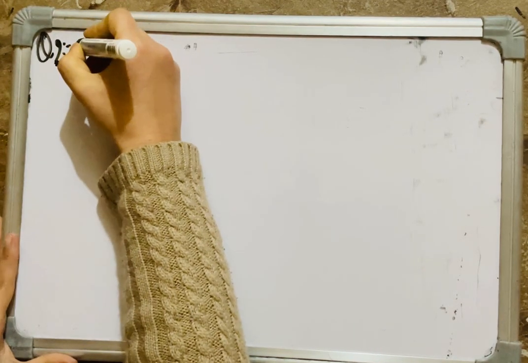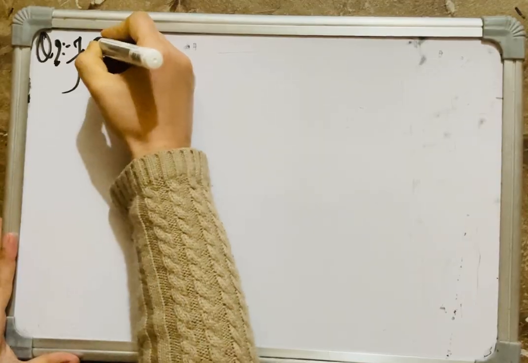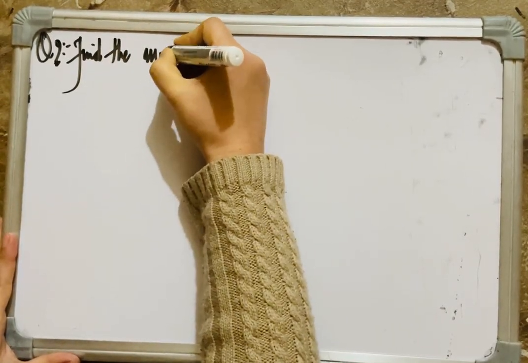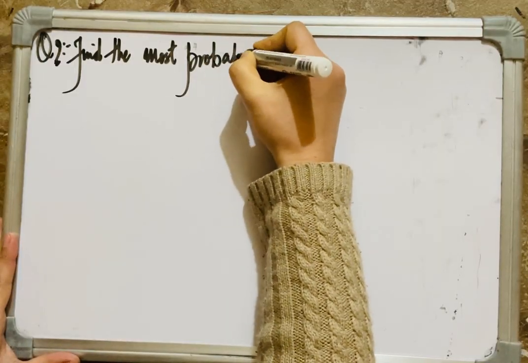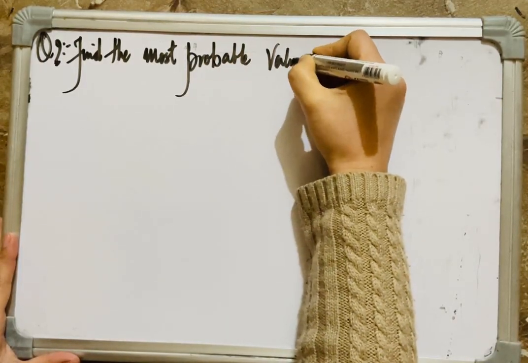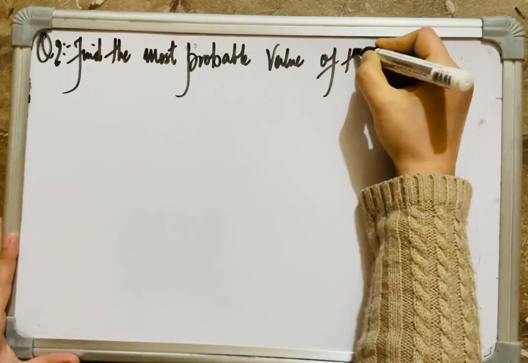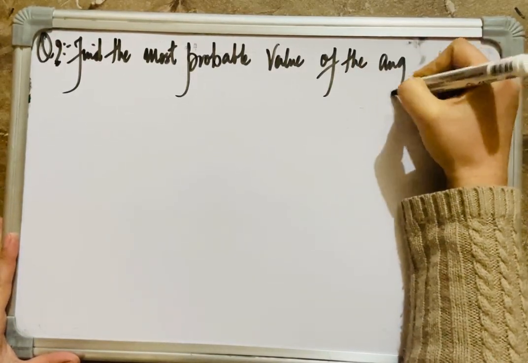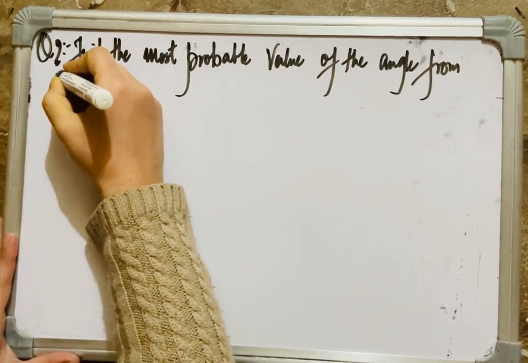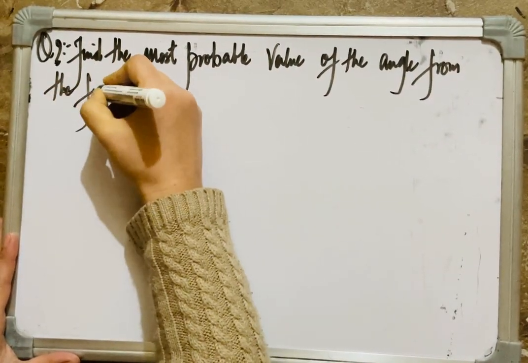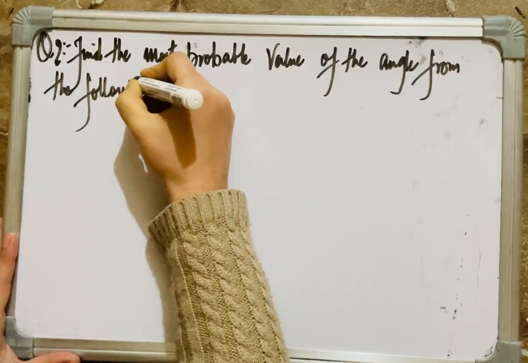Question number 9 is: find the most probable value of the angle from the following observations.